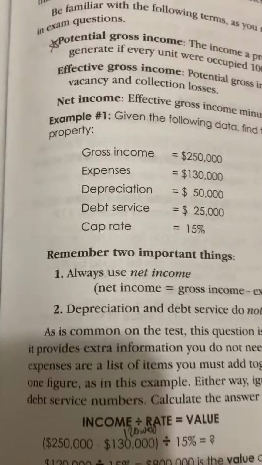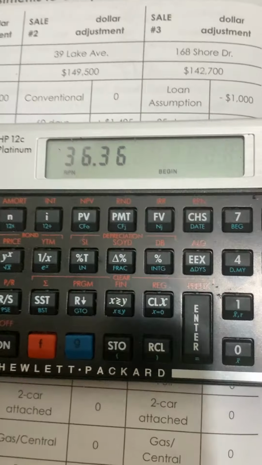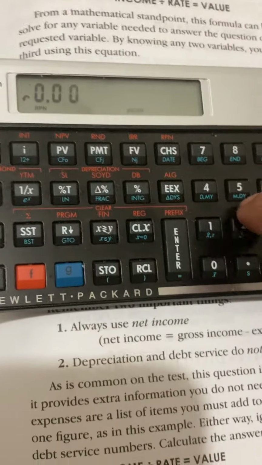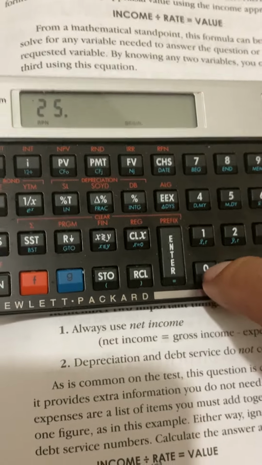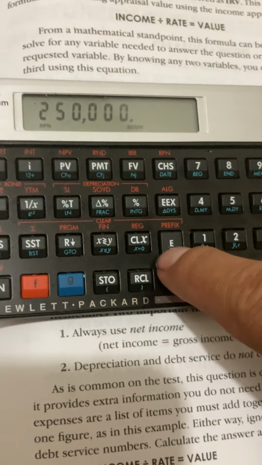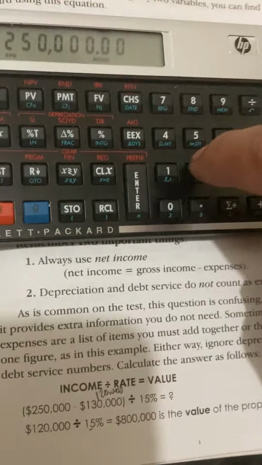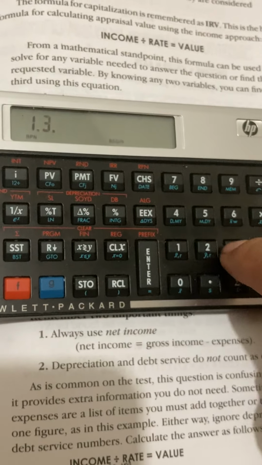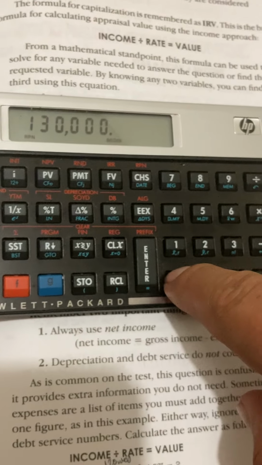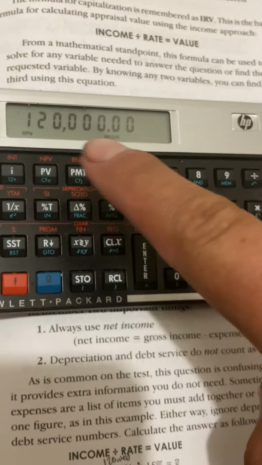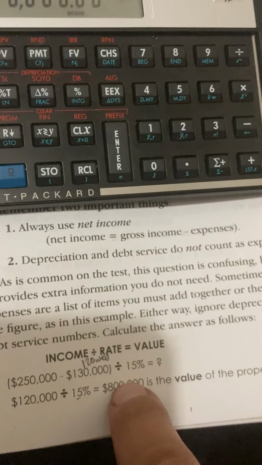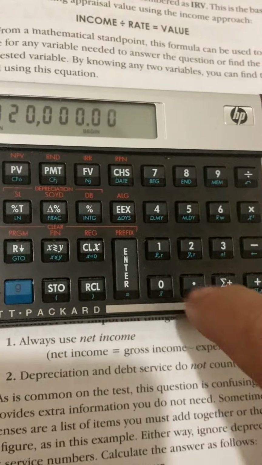Let me get my calculator out. Always press CLX, clear the display. $250,000, enter, 130, minus, equals $120,000, divided by 15%.